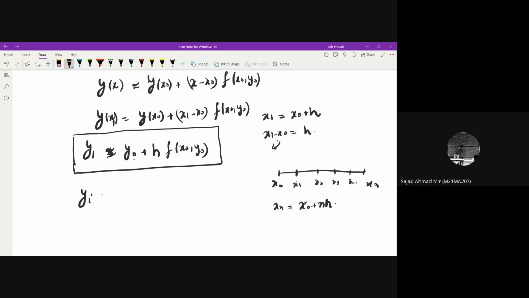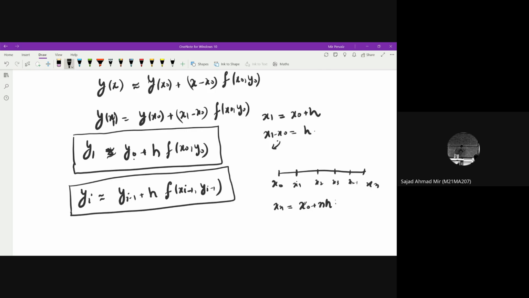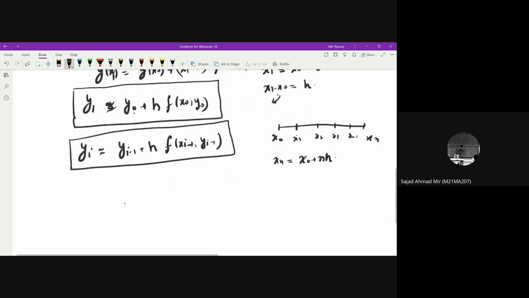This can be written as yi minus 1 plus h times f of xi minus 1, yi minus 1. So this will be your general formula at any point, right? So now you can calculate y2, y3, the value of y at all these points. Is it clear till now?